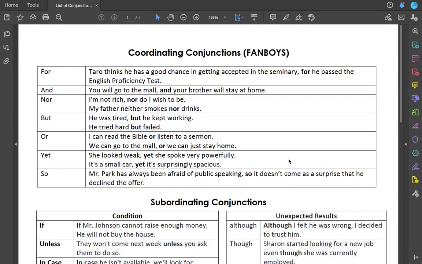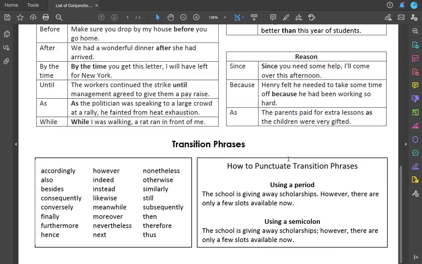Also in the same exercise, I will be giving you some sentences, and in those sentences, basically you have to use conjunctions or connecting words, and I will tell you which one to use. For this one, you have to use a subordinating conjunction. For this one, you have to use a coordinating conjunction or transition phrase, something like that.